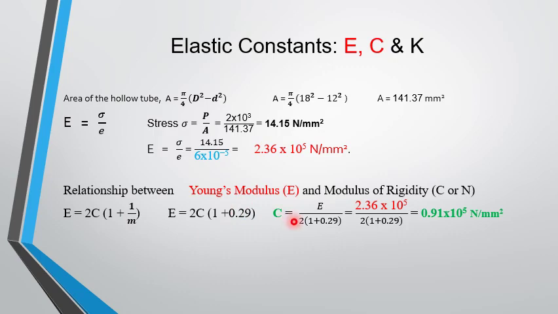So when we substitute the values, C is equal to, taking C alone outside, all the rest are multiplication, so they come down as division. So C is equal to capital E, Young's modulus, divided by 2 into 1 plus 0.29. Substituting the value of E and calculating, that is equal to 0.91 into 10 to the power 5 Newton by millimeter square. So this is the answer for shear modulus C.